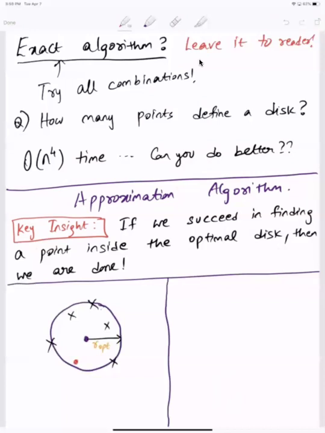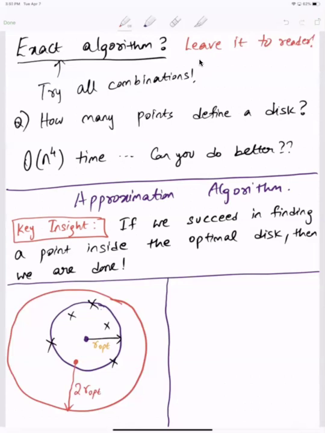Now let me draw a disk of radius 2 times r-opt with this red point as the center. It'll look terrible right now, and it's not to scale, but the radius here is 2 times r-opt. My claim is the red disk that I've drawn completely contains the optimal disk.